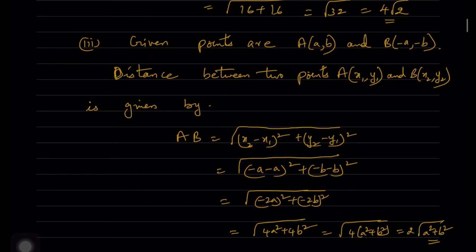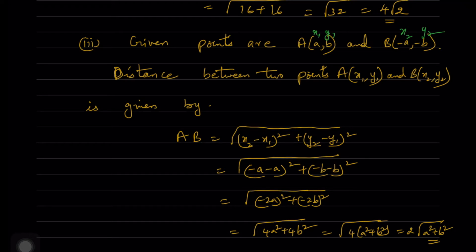Now given points are A (a, b) and B (minus a, minus b). Distance between 2 points A (x1, y1) and B (x2, y2) is given by AB is equal to root of (x2 minus x1) whole square plus (y2 minus y1) whole square. In the place of x1, y1, x2, y2, we'll be getting x2 minus x1, which means you have to write minus a minus a, whole square, plus minus b minus b, whole square.